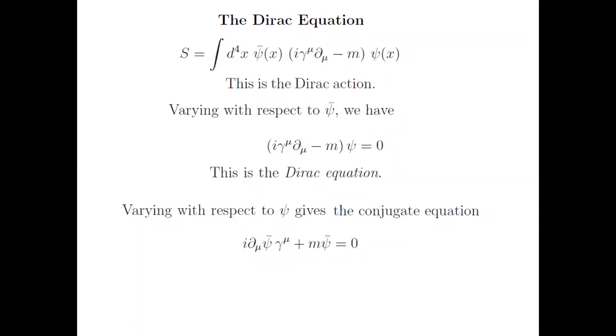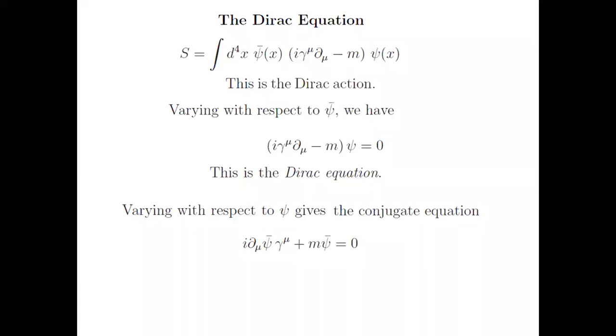which satisfy the Dirac equation. So what is the Dirac equation? We get the Dirac equation by varying this Lagrangian and using the Euler-Lagrange equations. Now this gamma mu are the Dirac gamma matrices. I have not given the representations because those are not important.